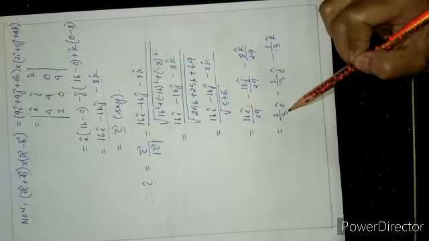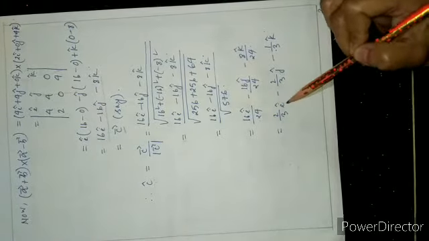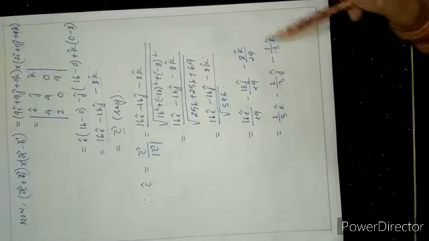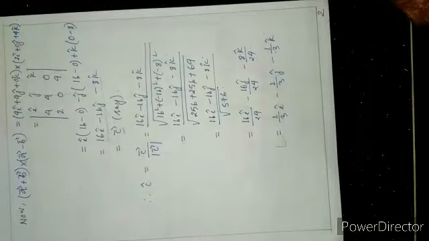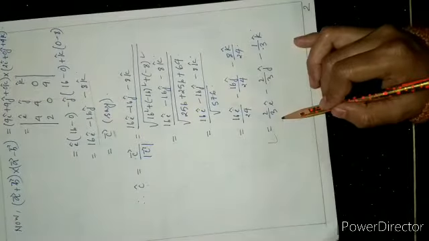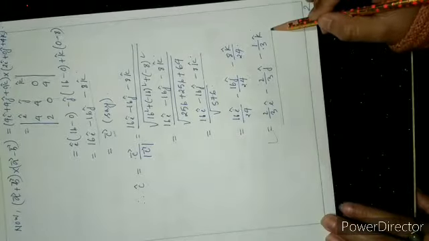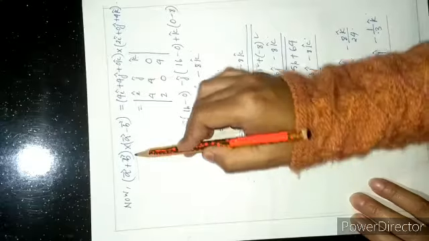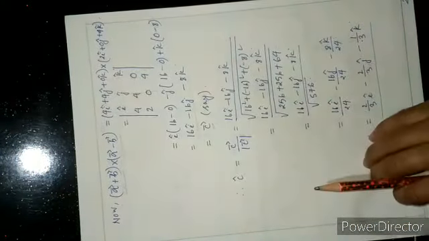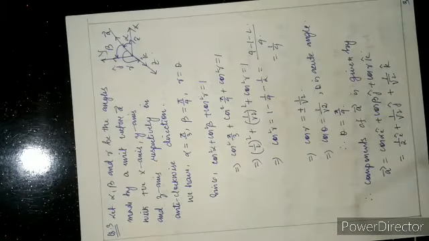Dividing numerator and denominator by 8, we have 2 by 3 I cap, minus 2 by 3 j cap and minus 1 by 3 k cap. This is the required unit vector which is perpendicular to both A vector plus B vector and A vector minus B vector. We have solved question number 2.